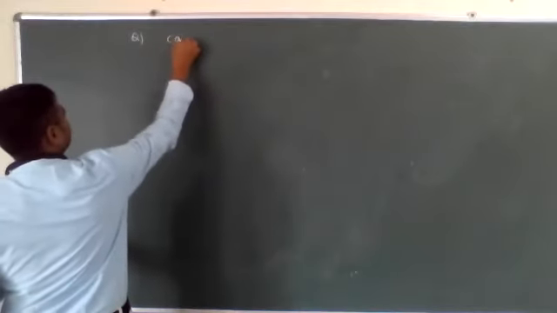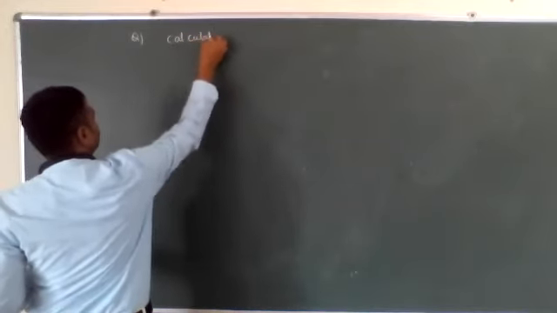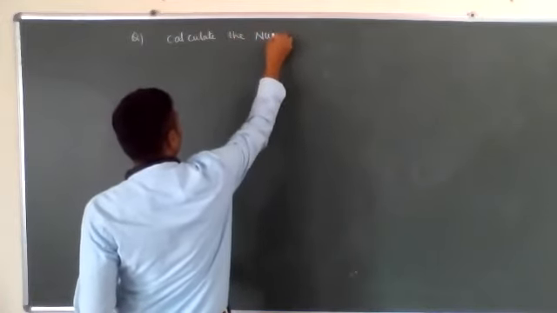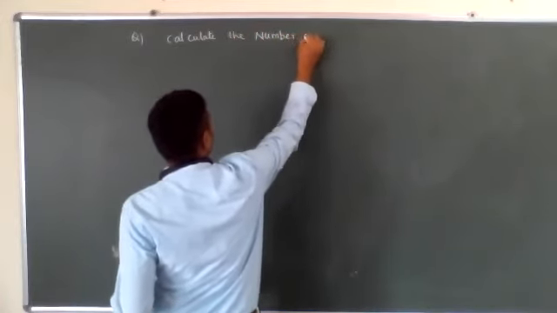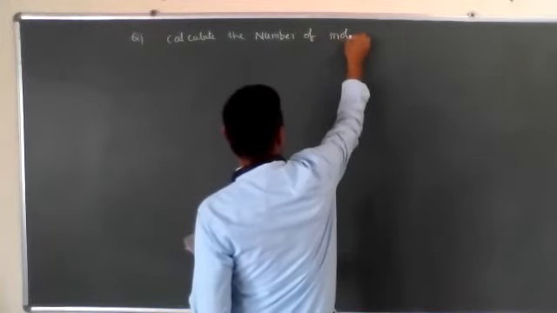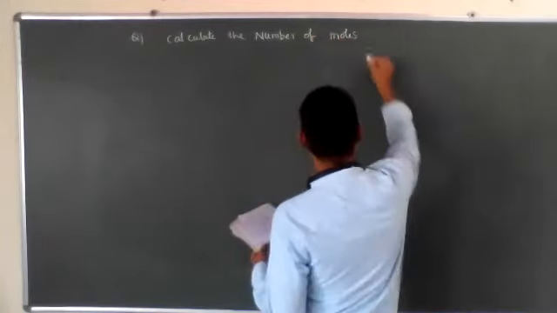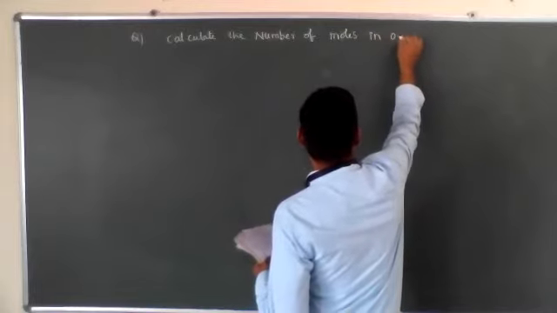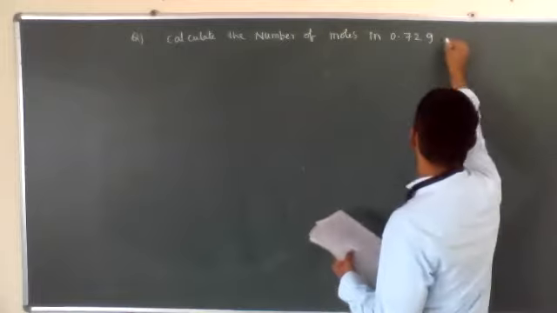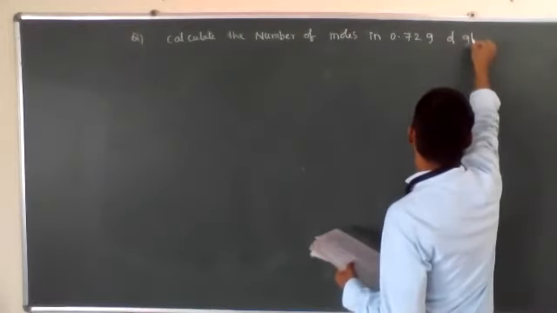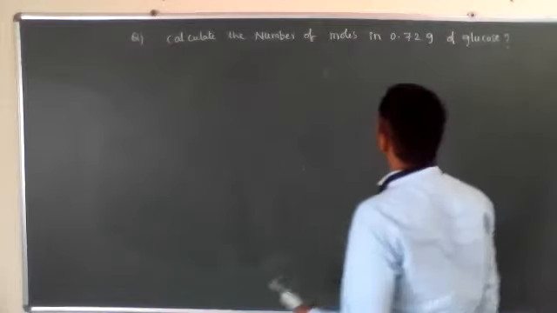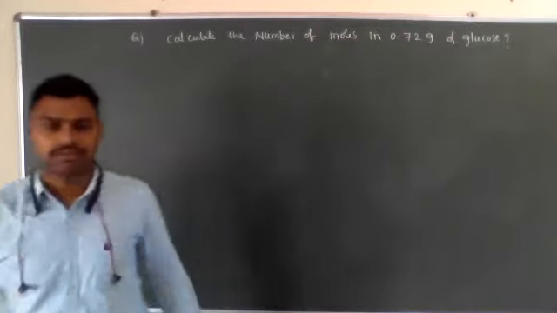Calculate the number of moles in 0.72 grams of glucose.